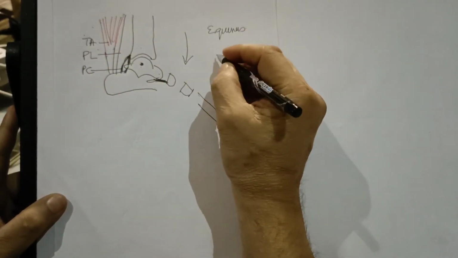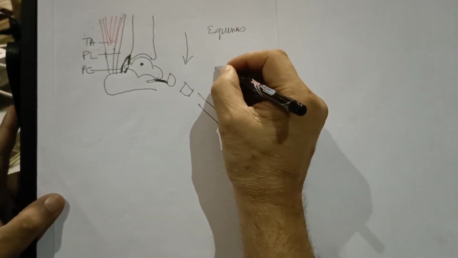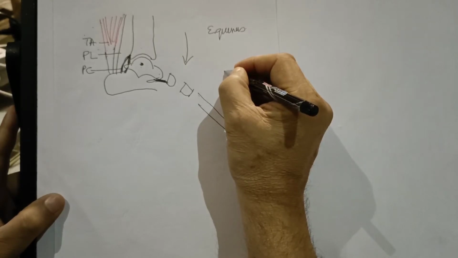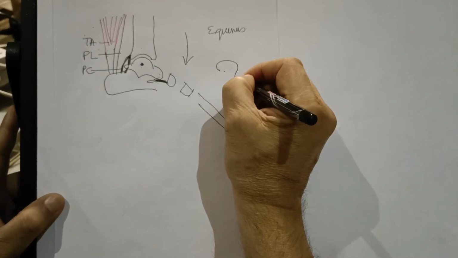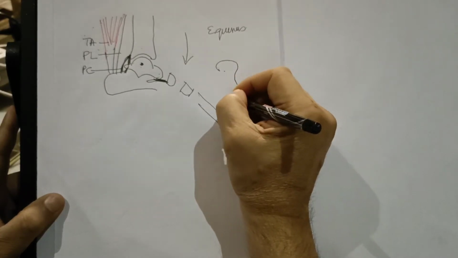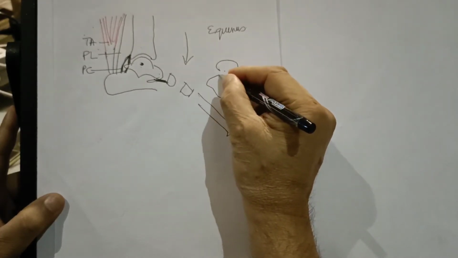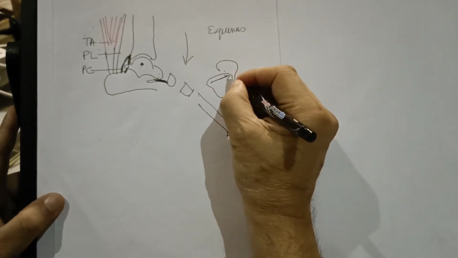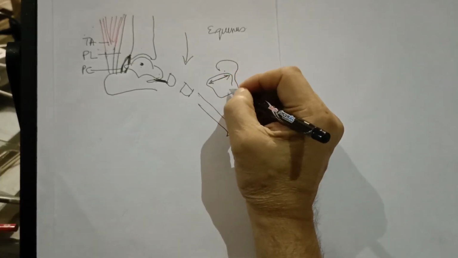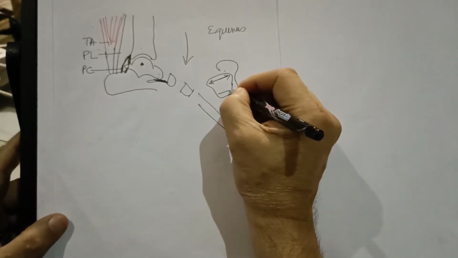But there is one more thing that is contracted which you must understand, and that is this is the head of the talus, this is the neck, and this is the body of the talus. You must understand that the anterior part of the body is much wider than the posterior part.